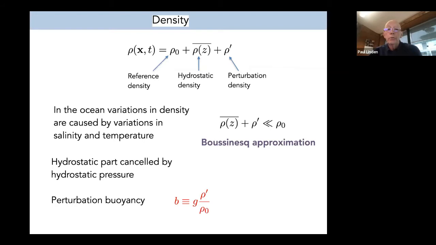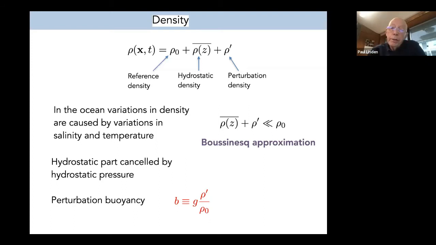And in the ocean, the variations in density are caused by salinity and temperature. I've really only talked about temperature, but of course there are variations associated with varying salinity. But in every case, essentially the variations about the reference density are small. So as I've written here, rho bar plus rho prime is small compared to rho zero.